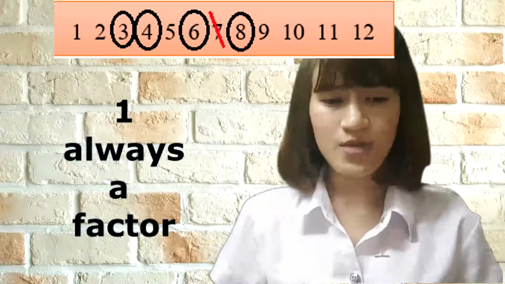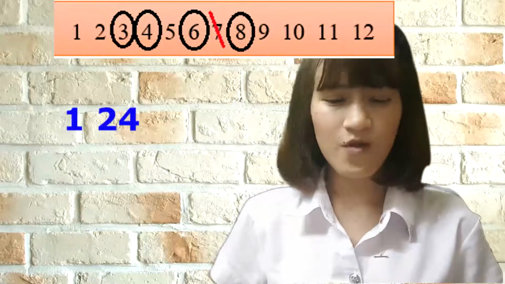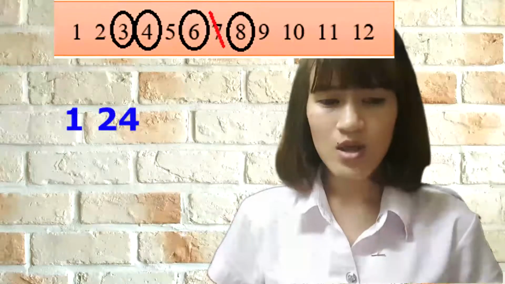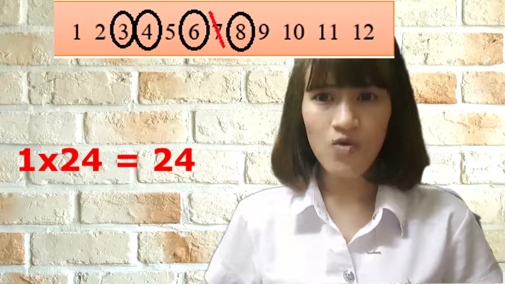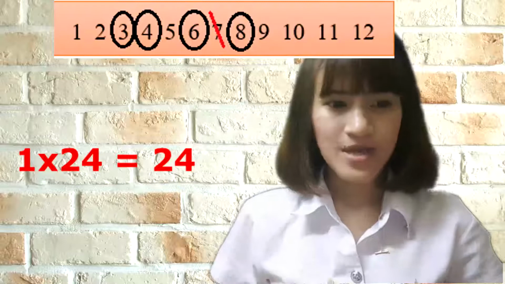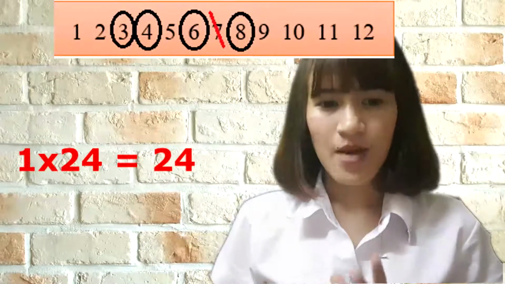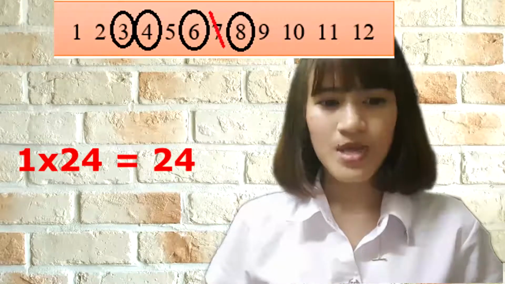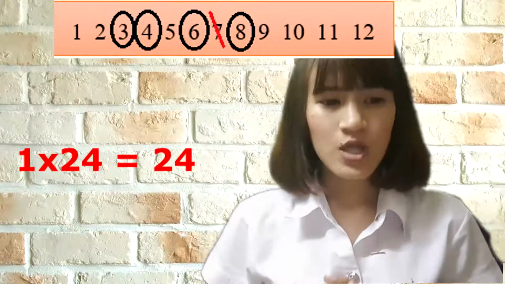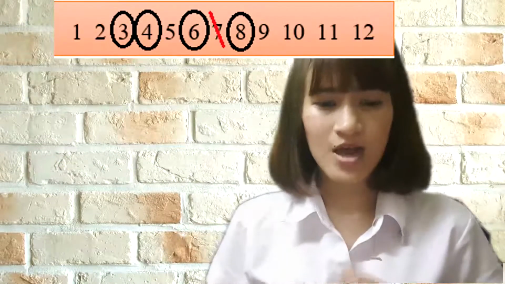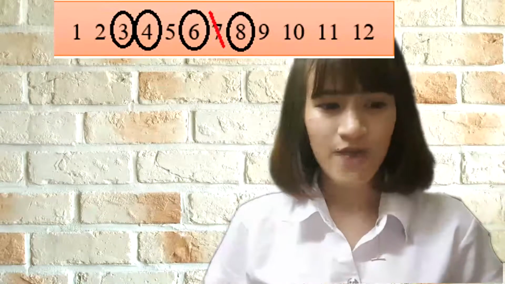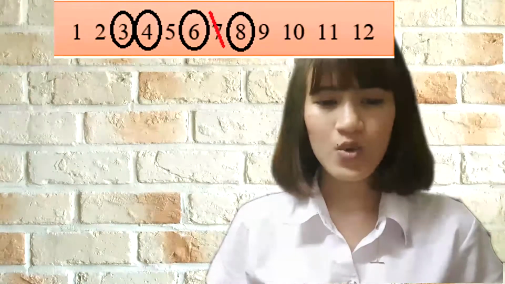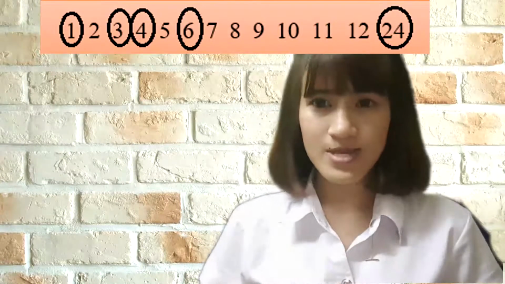And since 1 is a factor, that means 24 is also a factor because 1 times 24 equals 24. It may seem weird, but a number is always a factor of itself. Knowing that helps you get started, because you can always include 1 and the number itself.